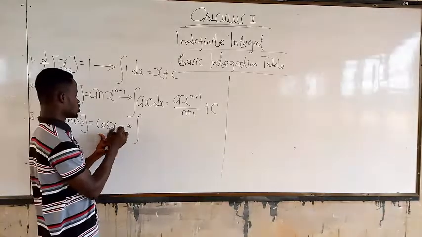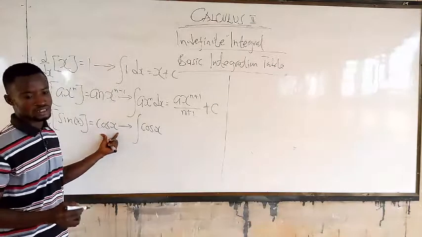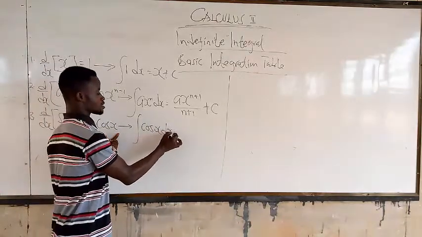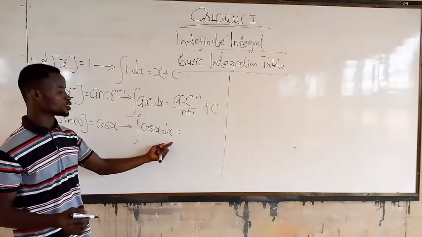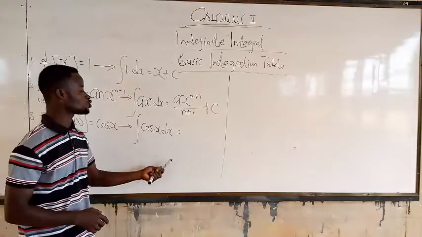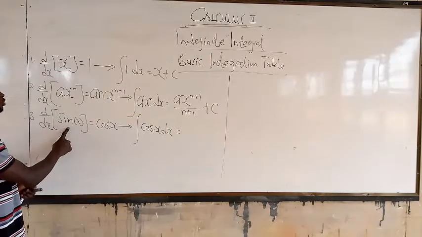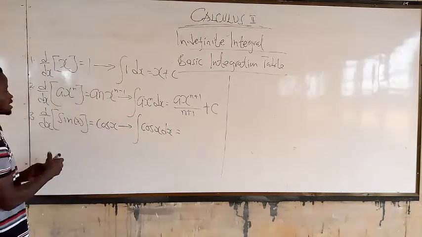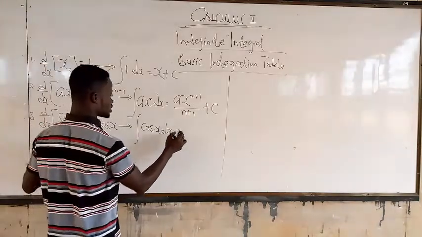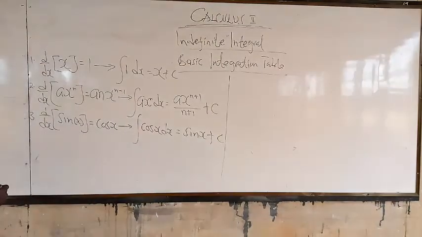That means that when you integrate cos x with respect to x, the result should be in terms of x. And you are going to get this result because it's a reverse process. So when you integrate cos x, you get sine x plus c to represent a family of constants.